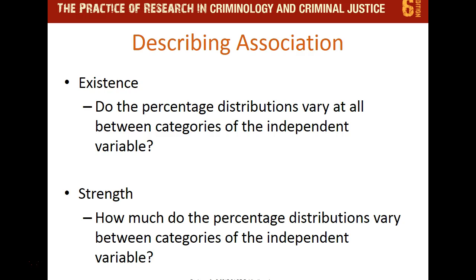Do they vary at all between the categories of the independent variable? Remember, your independent variable is that variable that does not change. It causes a change in your dependent. So you also want to look at the strength. How much do the percentage distributions vary between categories of the independent variable? These are that which you are looking for within your association.